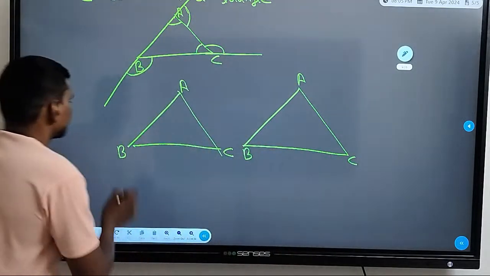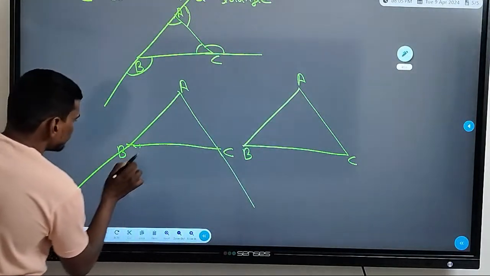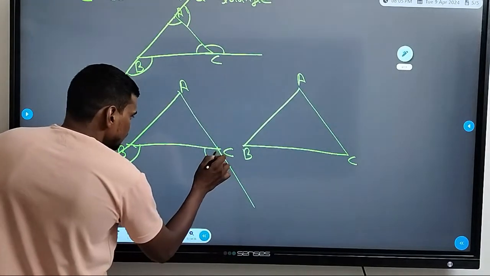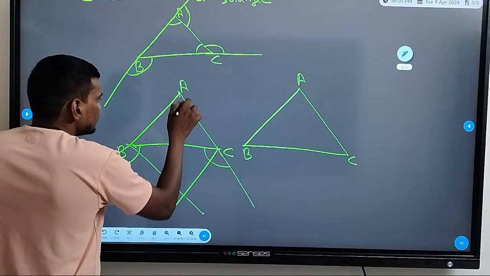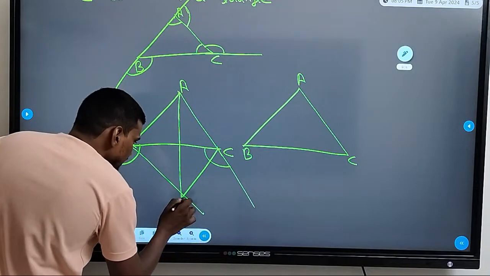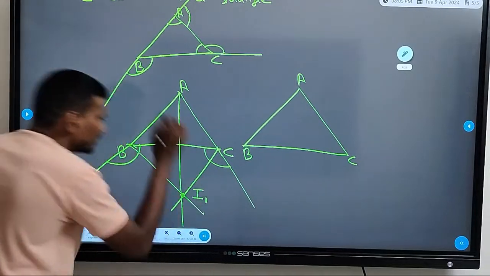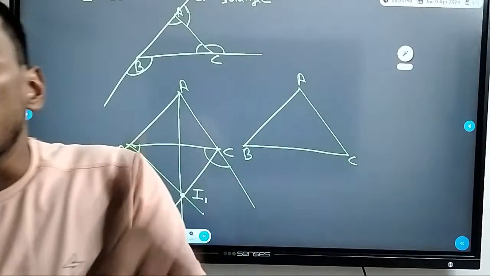See. Here is one external angle, another external angle, this bisector, and this internal angle bisector. They are meeting at one point, that is I1. This I1 is one of the excenters.